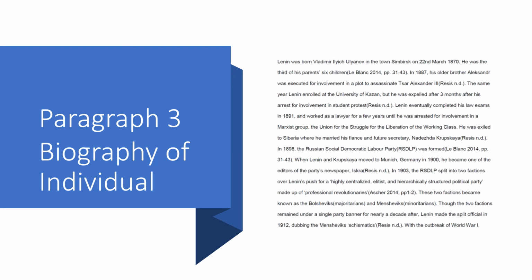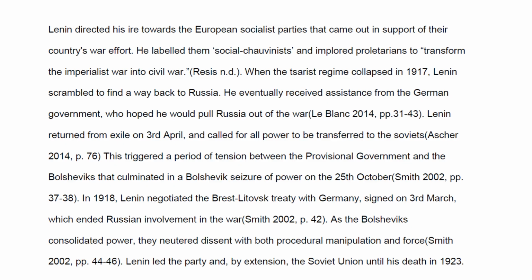And it's basically a brief biography of Vladimir Lenin, where he was born, who he married, and how he got involved in socialist politics and how he became an important figure in the Russian Revolution. And this is a continuation of that paragraph. You'll note that he actually quotes Lenin, which would be his primary source as required by the requirements of the essay.